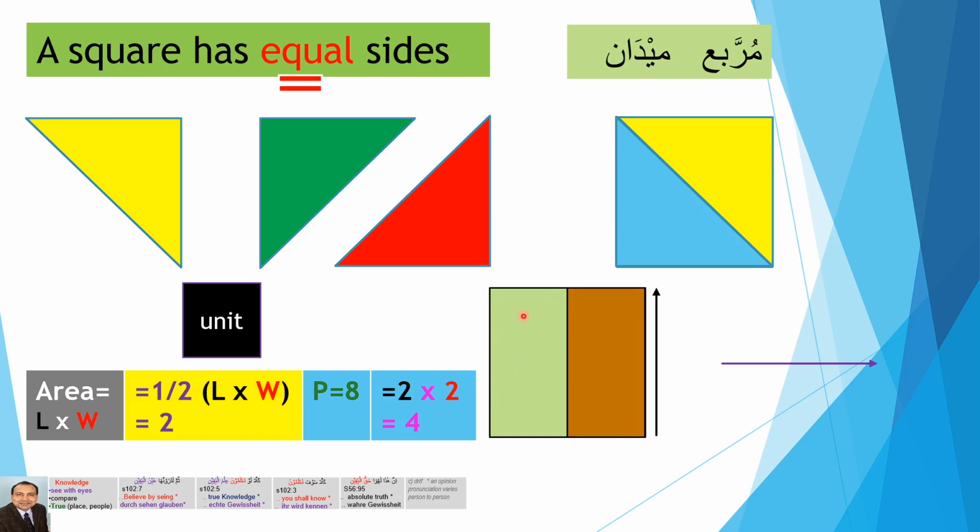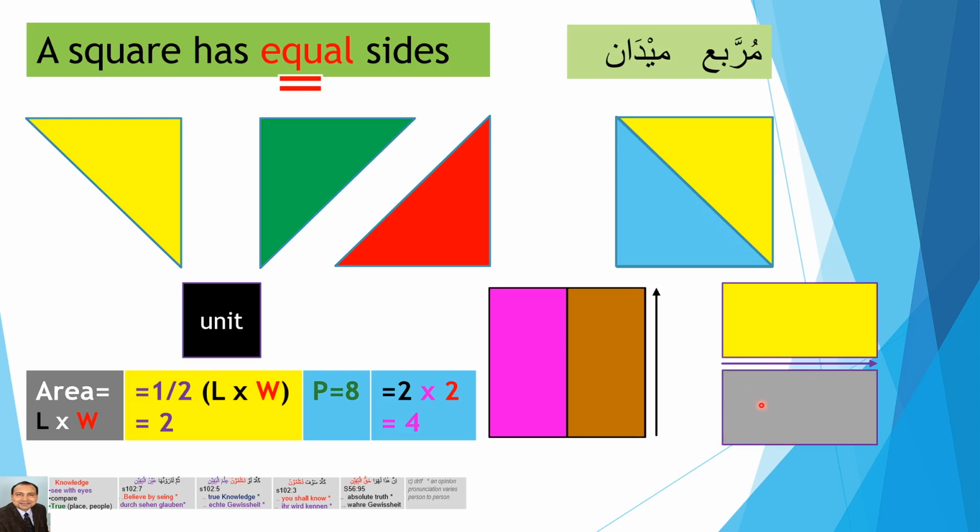So you will get these 2 parts, brown and this color. If you divide along this line, fold at the center, join this corner with this and the other corners, opposite corners, and then you have 2 parts here.